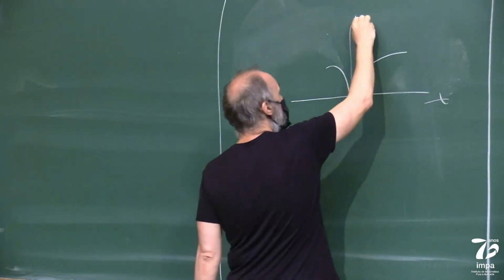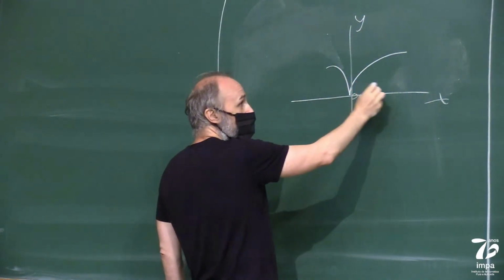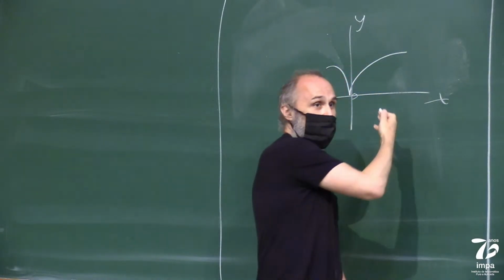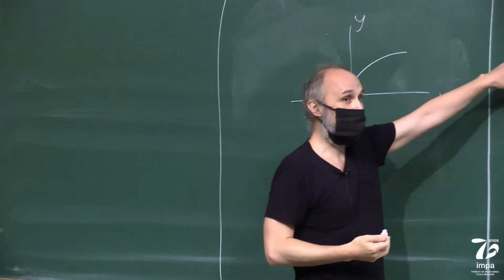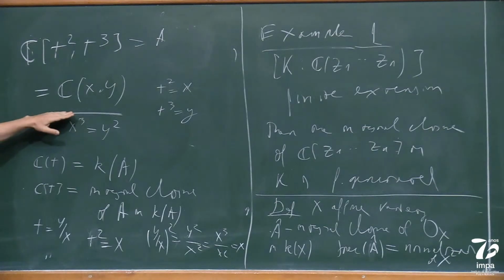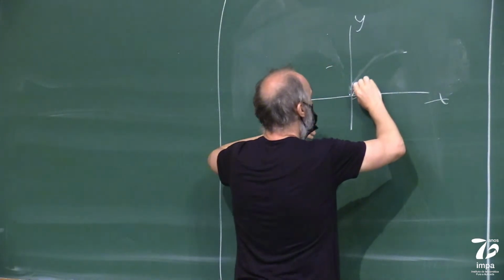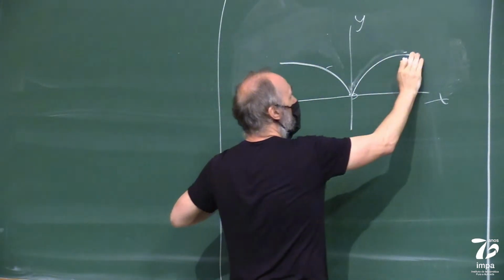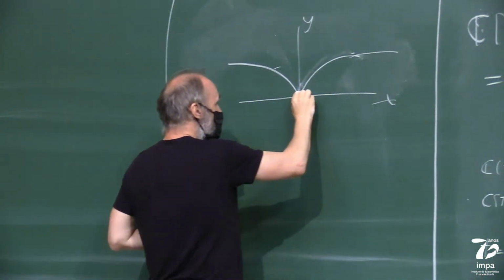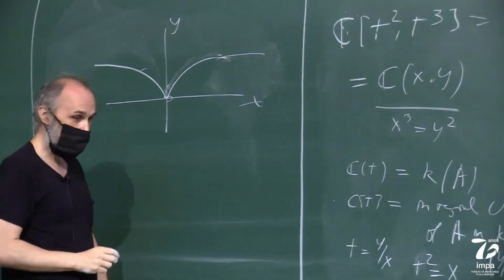This is x, this is y, and it has a singularity because, just make a graph of this relation, and you will have something like that. So it has a singularity at 0.